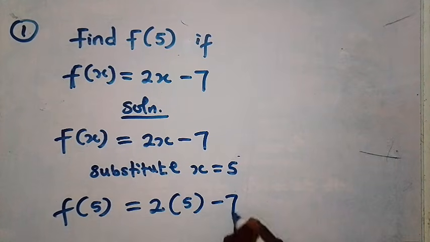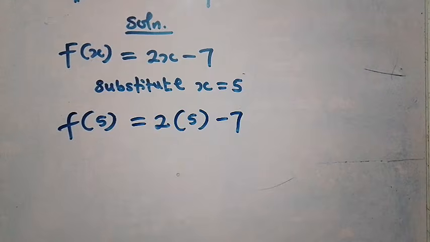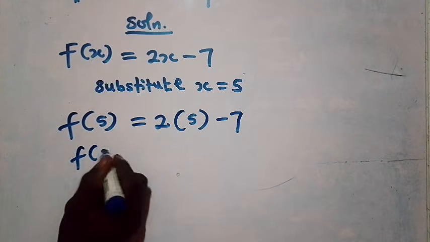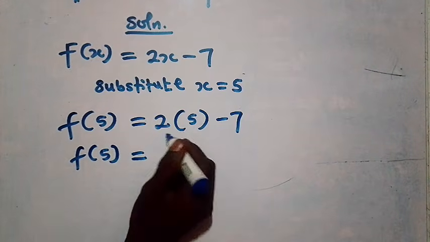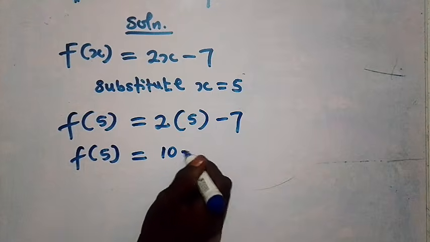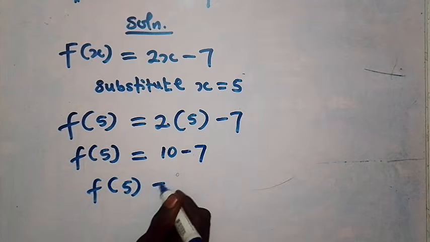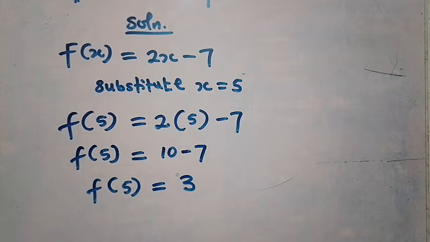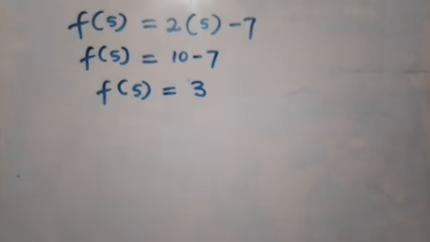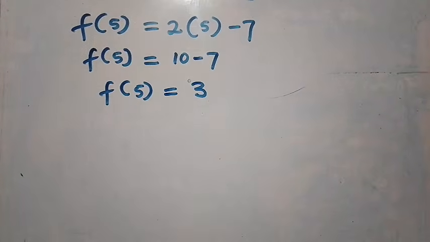Substitute 5, minus 7. F of 5 will be equal to 2 times 5, that is 10, minus 7. And f of 5 will be equal to 3. For the first question, the final answer will be f of 5 equals 3.